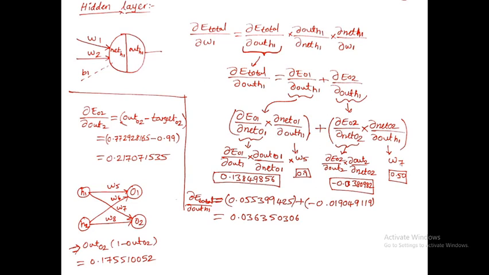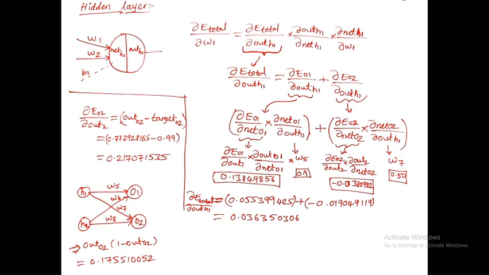In a similar way, we can do it for the O1 neuron also, which is before that plus symbol, right? So dou E O1 by dou net O1 into dou net O1 by dou out H1. That also we can do in a similar way as for the O2 neuron. If you do that, you will get those values also. Here you got W7, there you will get W5 because that is with respect to H1.